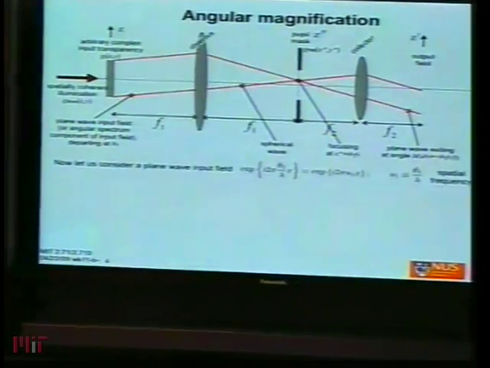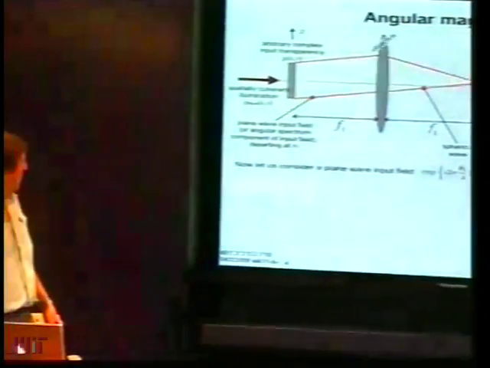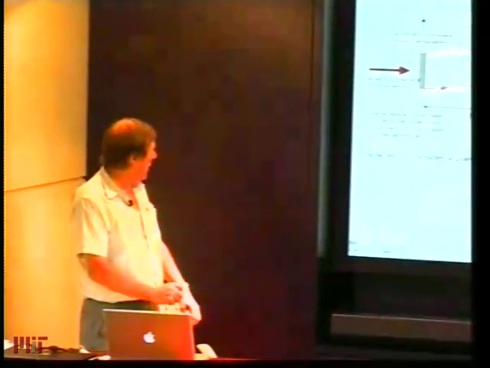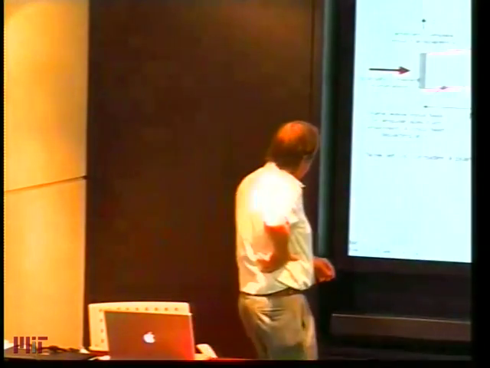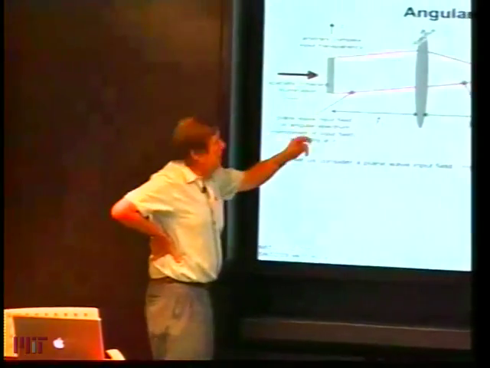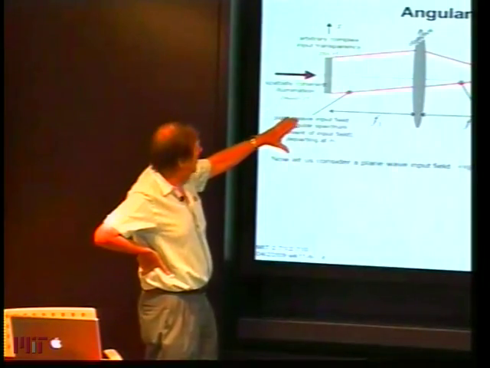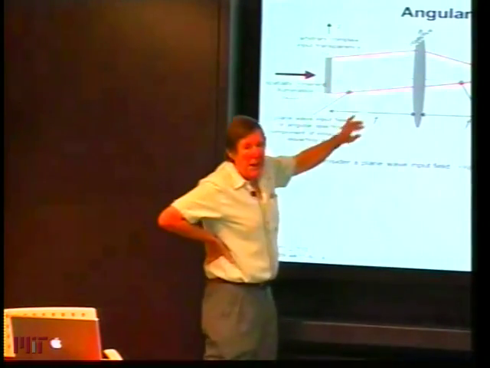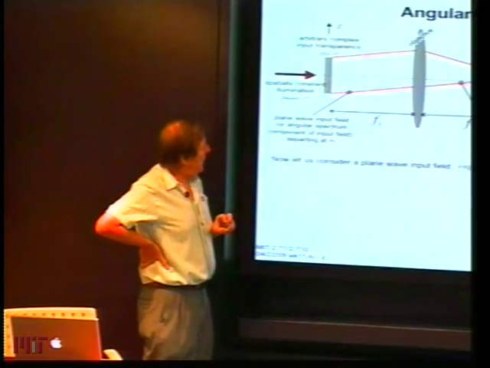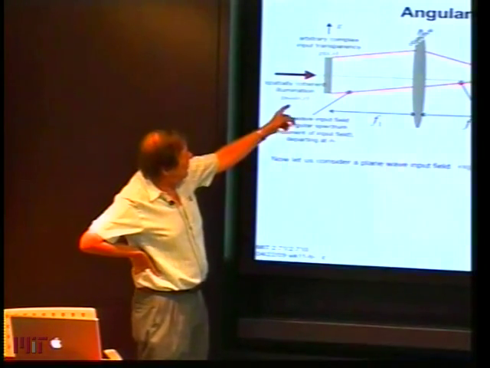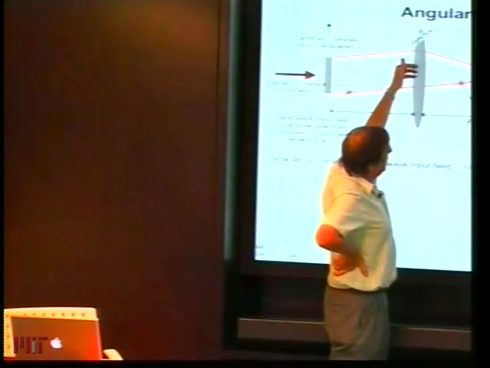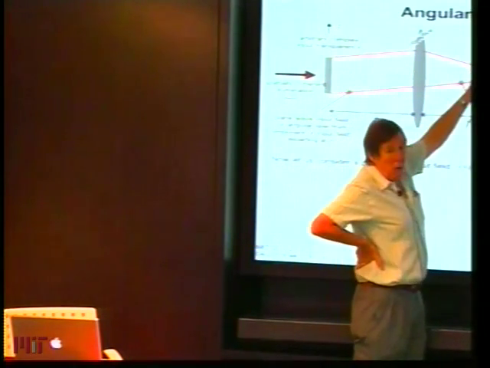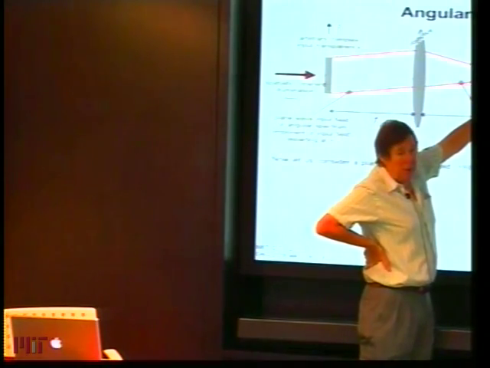Now, this is another example, looking at the angular magnification of this system. Before, we looked at what happens for a point in the input plane. Now we're going to look at what happens to a plane wave at a certain angle in the input plane, and you can see what that plane wave does as it goes through. When the plane wave is Fourier transformed, it becomes a converging wave, which converges on this point.